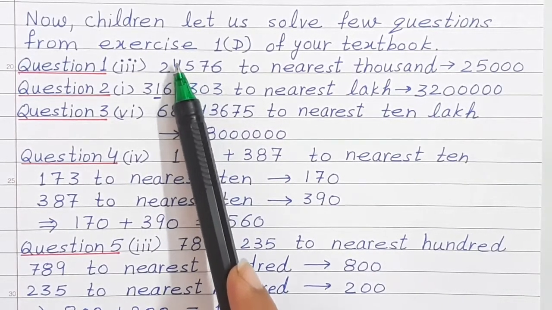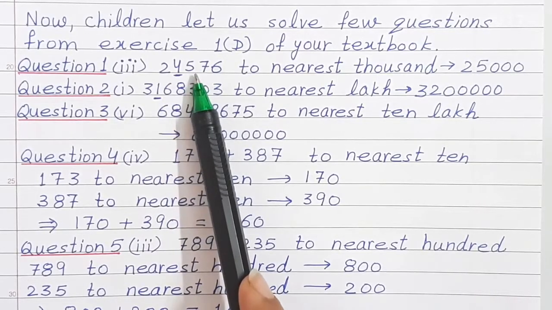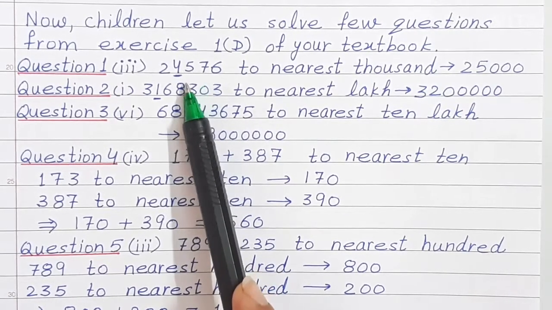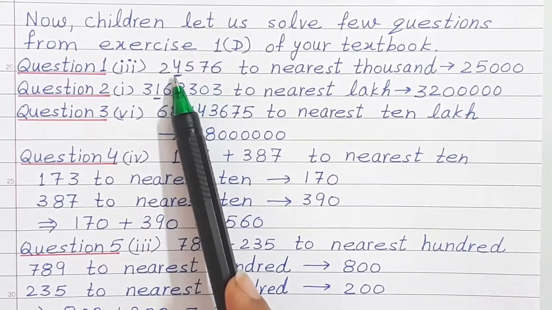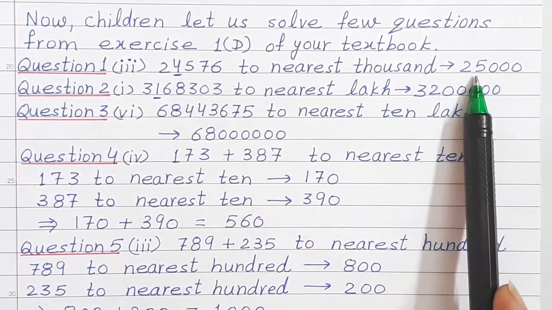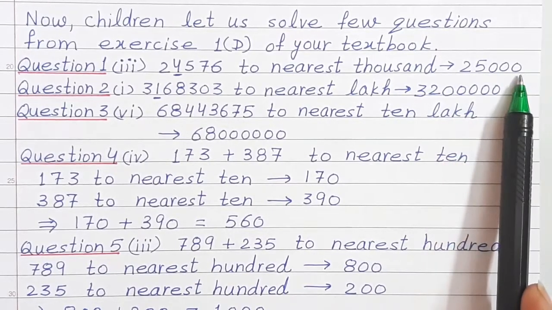The digit just after 4 is 5. As per the rule, if the digit is 5 or more than 5, then we add 1 to the previous digit. So, 4 plus 1 is 5. So, the answer is 25,000. Is it clear?